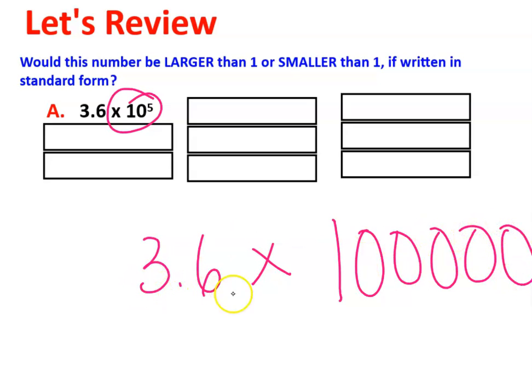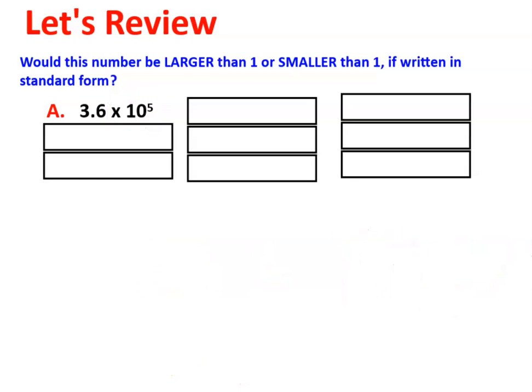So if I multiply 3.6 times 100,000, that number is going to get bigger, of course. And I know that it's going to be larger because the power of 10 is positive. So if I asked you, would this number be larger than 1 or smaller than 1 if written in standard form? You should respond larger.